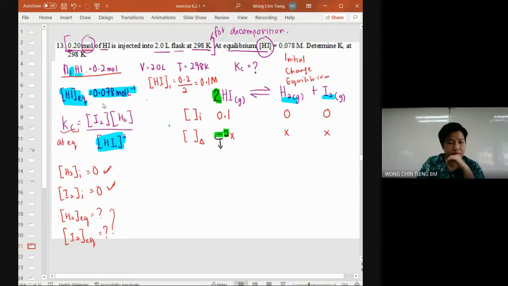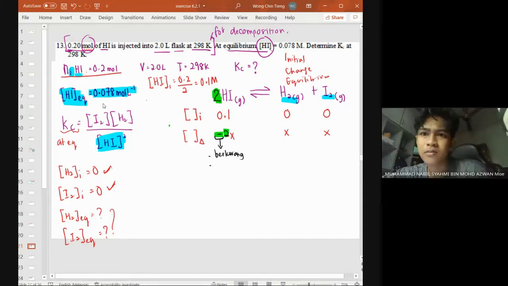Tolak sebab? Tolak sayang. Benda tu bertambah atau berkurang? Berkurang. Benda ni berkurang. Kenapa benda ni berkurang sayang? Produk akan berkurang bila undergo reaction.